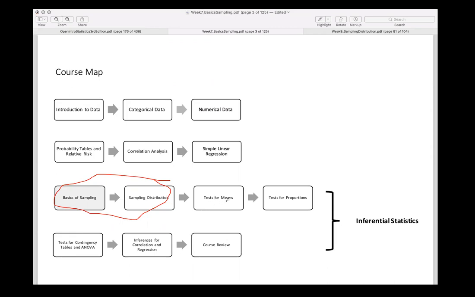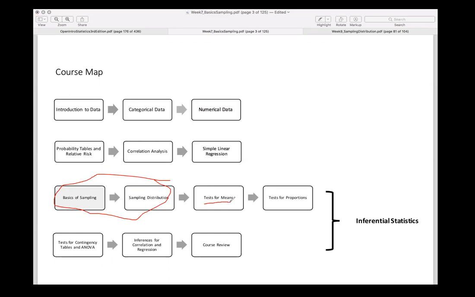Then everything else, these tests for means, these tests for proportions, these tests for contingency tables and analysis of variance, and inferences for correlation and regression, these are analogous to previous modules that we had. Let me show you. When we do tests for means, we're looking at averages.